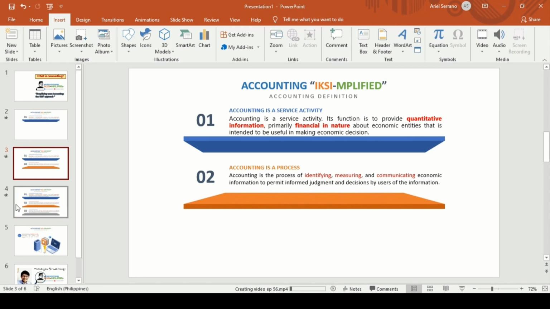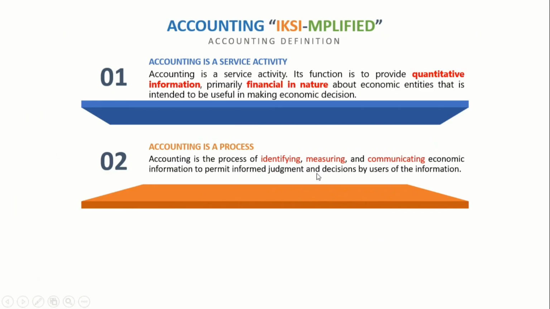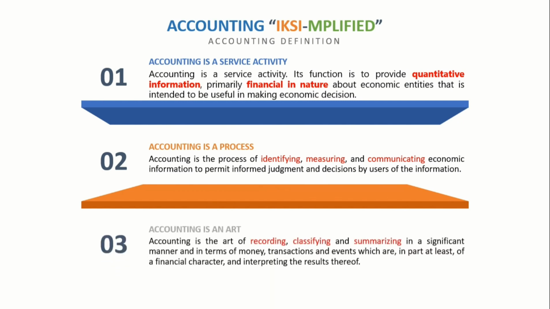Now, the third definition is accounting is an art. And let me just put it in the slideshow format. When we are talking of accounting as an art, accounting is the art of recording, classifying, and summarizing in a significant manner and in terms of money, transactions, and events which are, in part at least, of a financial character, and interpreting the results thereof.